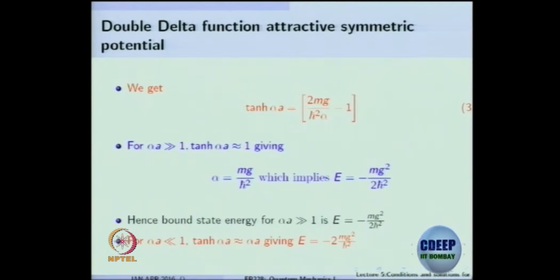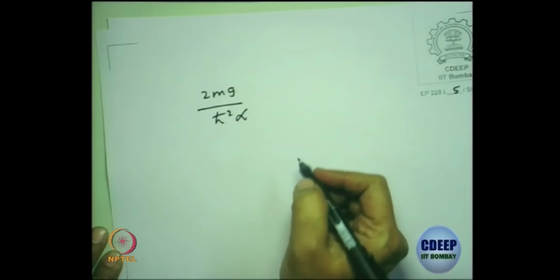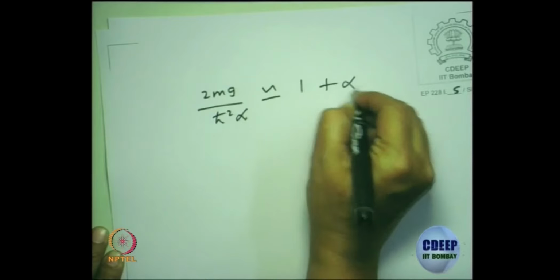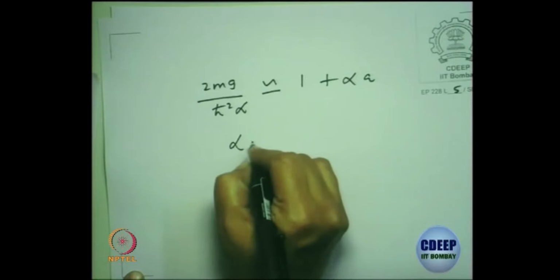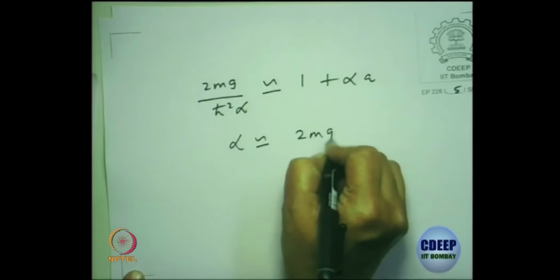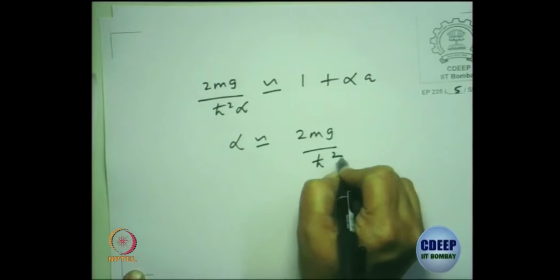Let's try it here. Okay, so I have twice m g by h cross squared alpha approximately equal to 1 plus alpha A. I have just taken this 1 to the other side. From here you will get alpha to be twice m g by h cross squared.